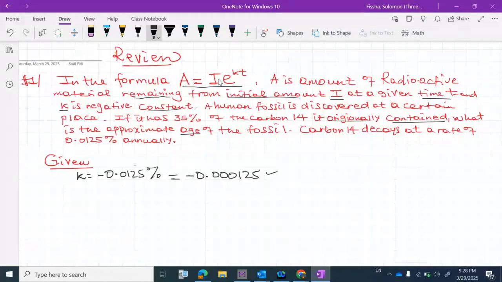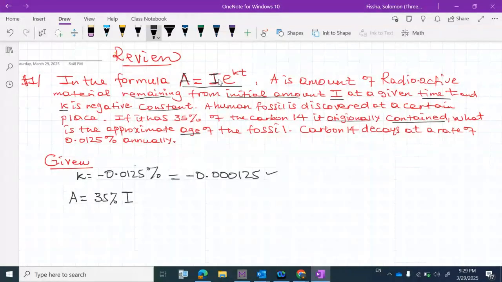Well, the other one is, what is the relation between A and I? A is the final amount after decay, and I is the initial amount. So when they check this human fossil, they found that A, the final one, is 35% of the original one, 35% of I. I is the original amount of carbon-14, but A is the final amount.